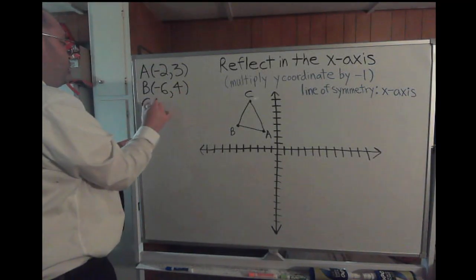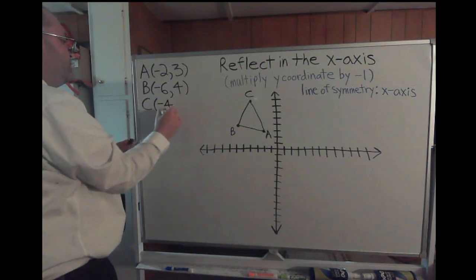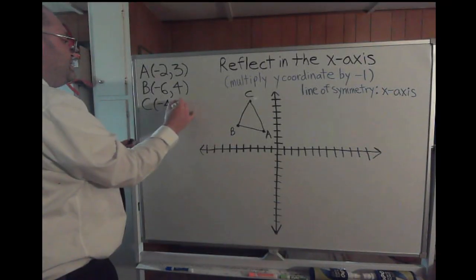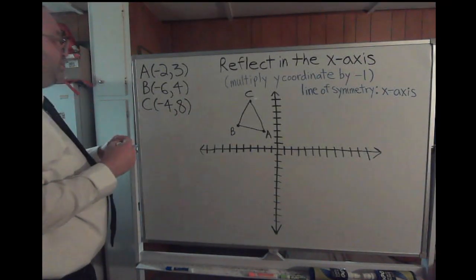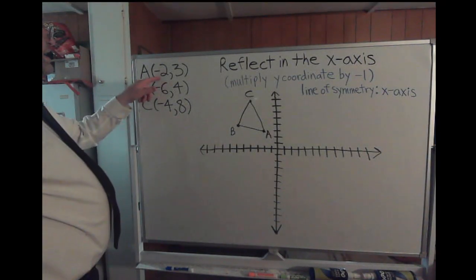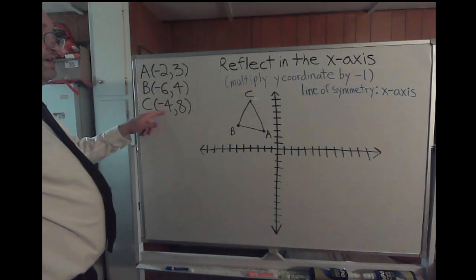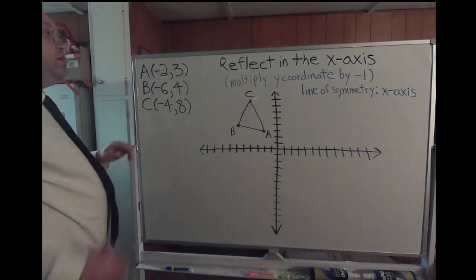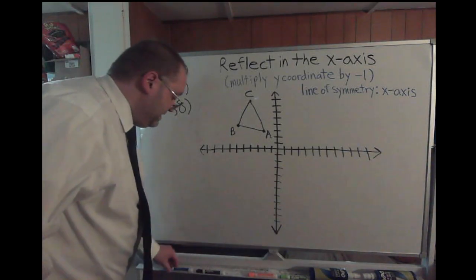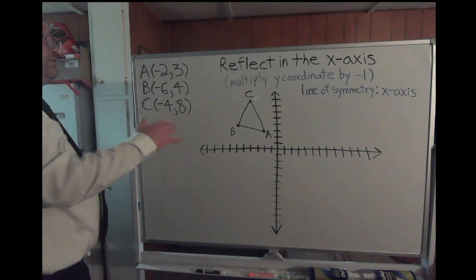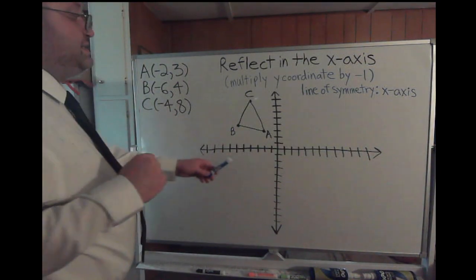C has the coordinate -4, 8. So we got our coordinates A at -2, 3, B at -6, 4, and C at -4, 8. We want to take these coordinates and reflect them over the x-axis.